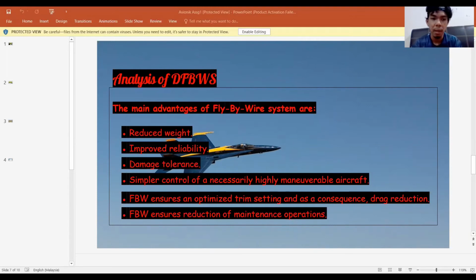The next one is the pilot's movement of the stick or yoke isn't physically connected to the flight surface, so the feedback is lost in the aircraft.